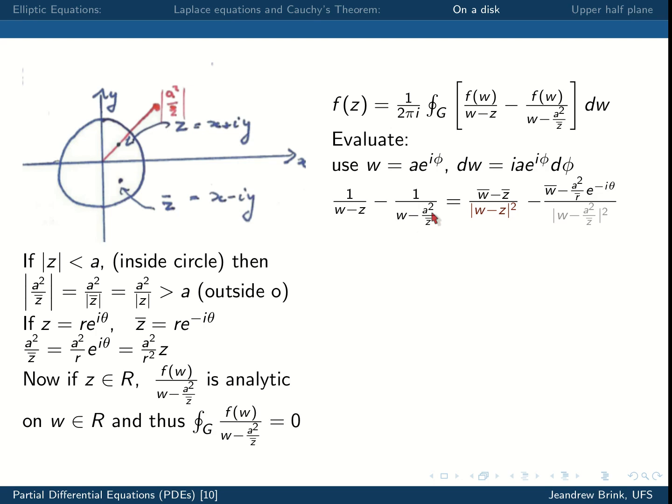You multiply below and above by the complex conjugate, so the complex conjugate of this is w bar minus a squared over z, because it's the complex conjugate of that, which is then simply a squared over r times e to the minus i theta. Okay, and below here we have the norm of the complex conjugate. Sorry, the norm of this thing below the line.